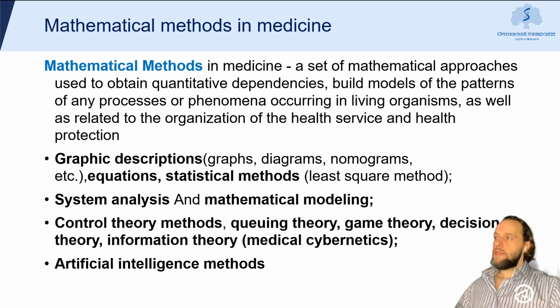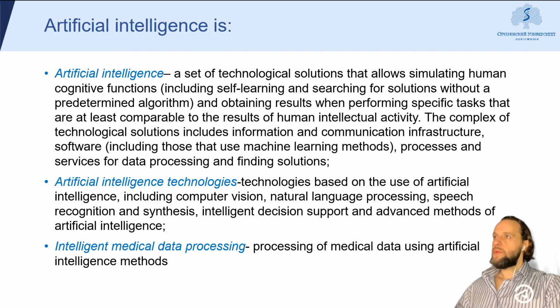And currently there are a lot of novel works applying artificial intelligence and using neural networks, for example, to make better results with mathematical methods.